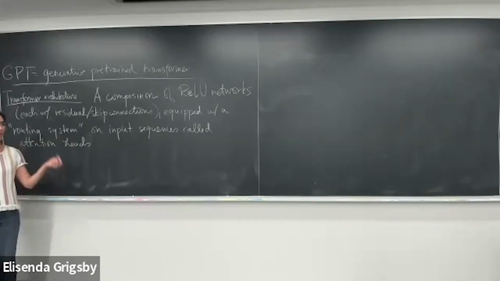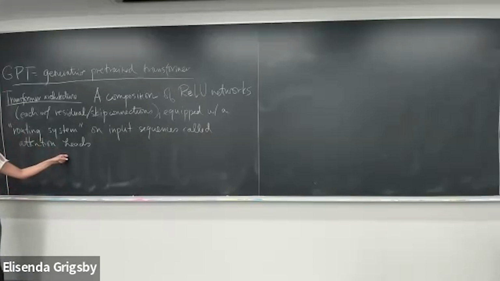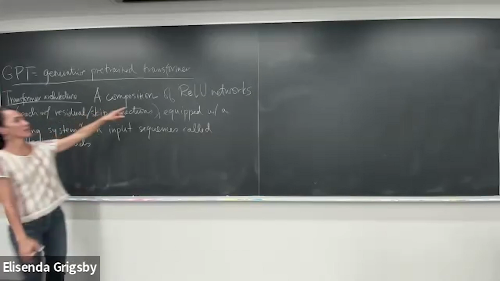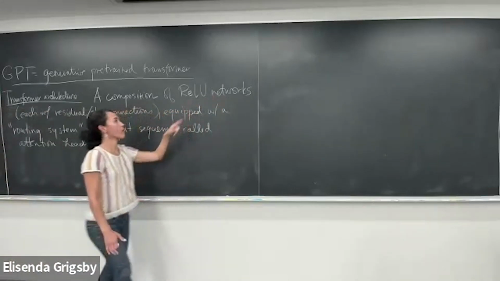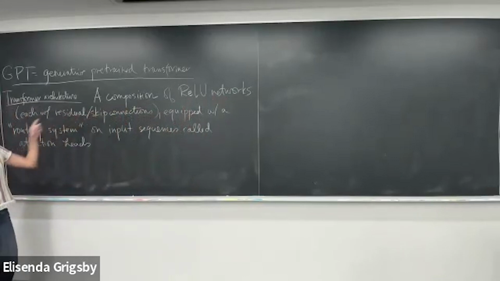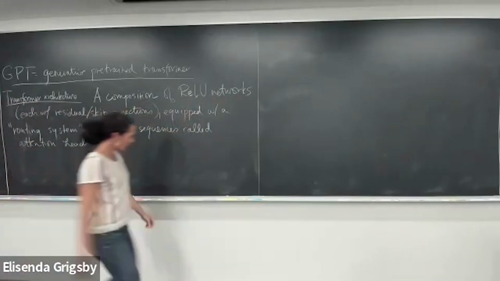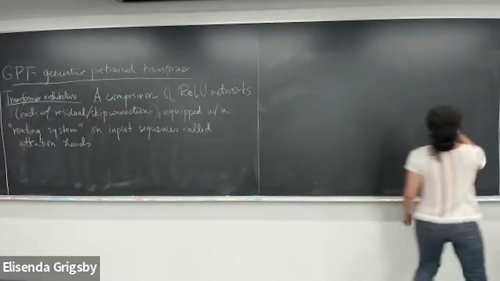For each parameter, it defines the entries of the various matrices that are involved in constructing this. And there are these blocks which are multi-layer perceptron blocks, which are typically neural networks with ReLU activation. And these skip connections, I'll say much more about that later.